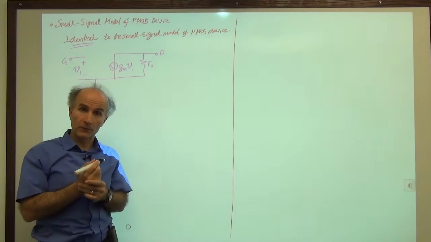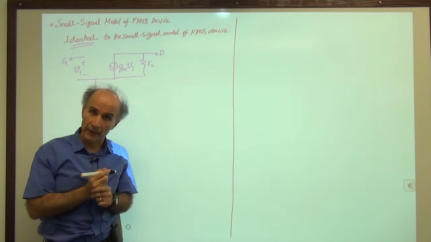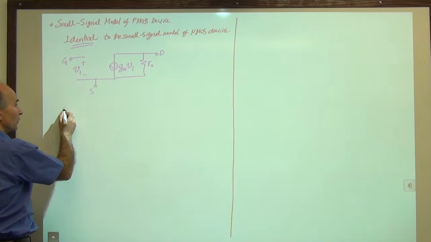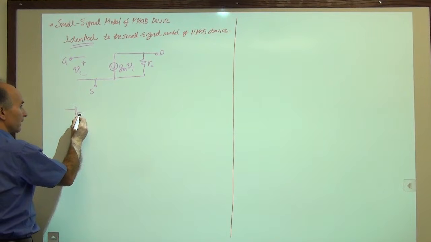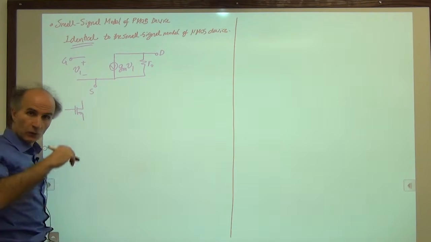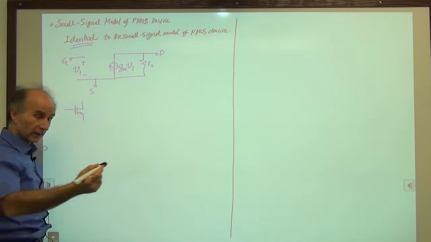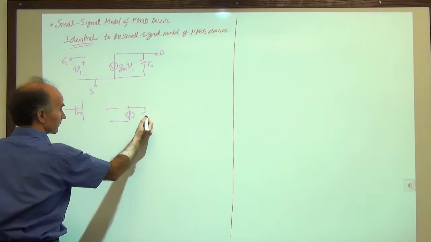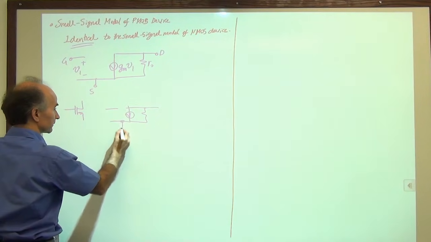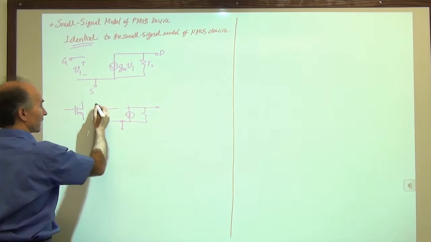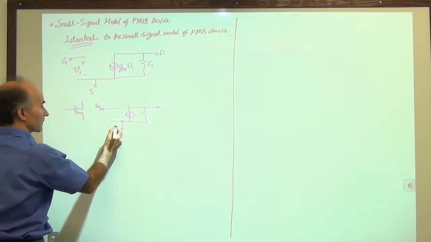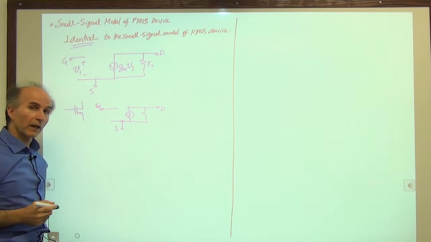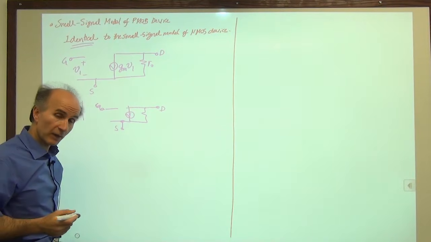Now, you may be confused. You will be confused. Why? Because here's what happens. We drew our NMOS like this with the source on the bottom, usually, right? And that translated to this. Okay, so the gate, source, drain. Now, I come along and I draw the PMOS device.